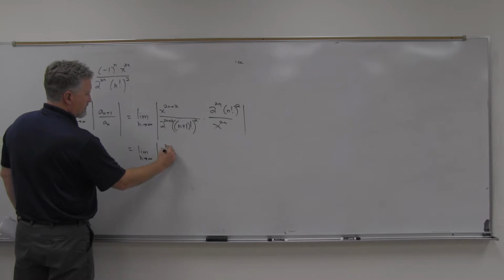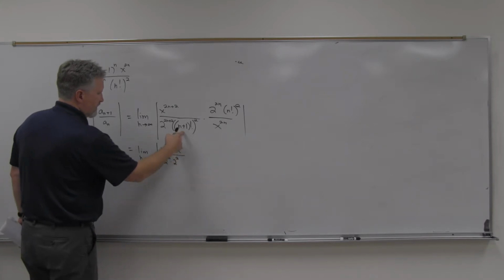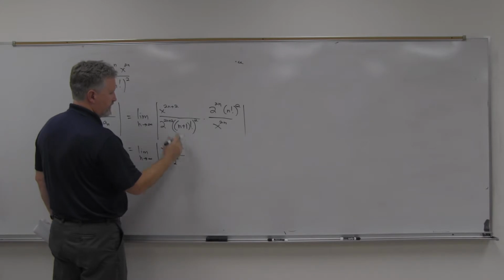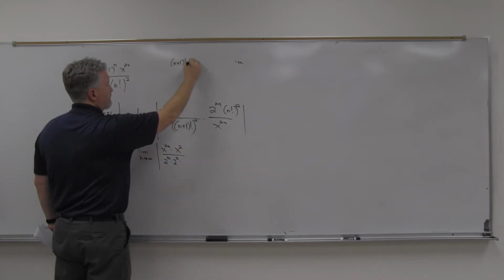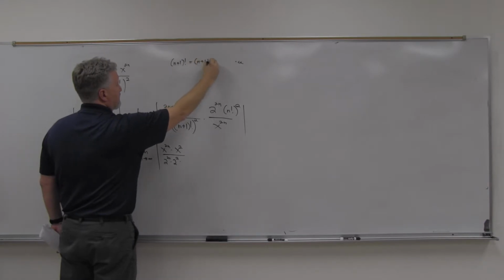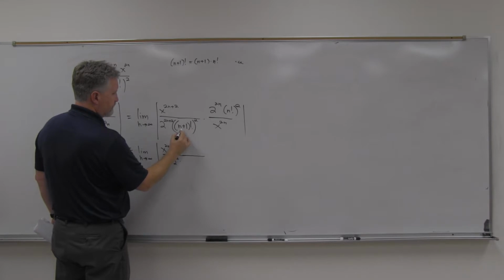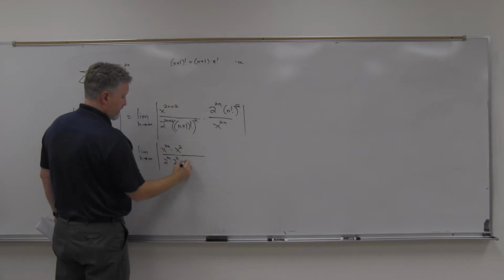x to the 2n times x squared, 2 to the 2n times 2 squared. N plus 1 factorial we can write as n plus 1 times n factorial. And so since I'm squaring it, I'll have n plus 1 squared and n factorial squared, right?